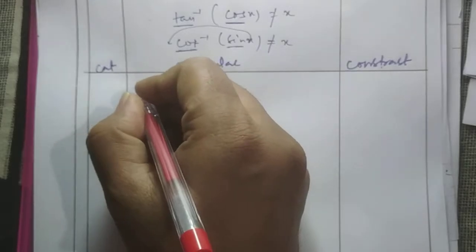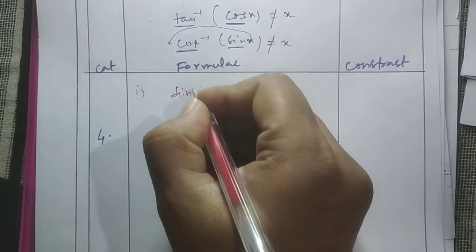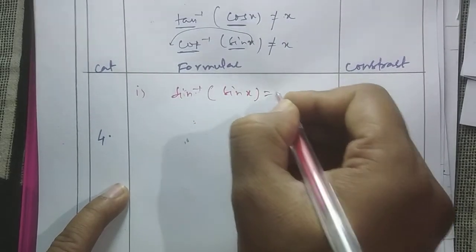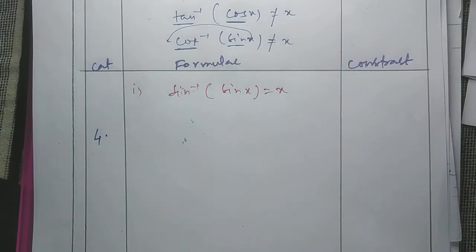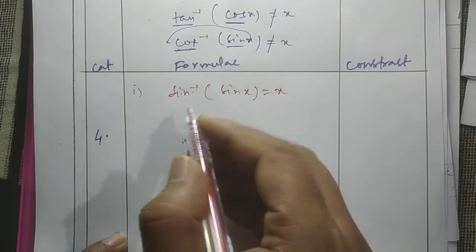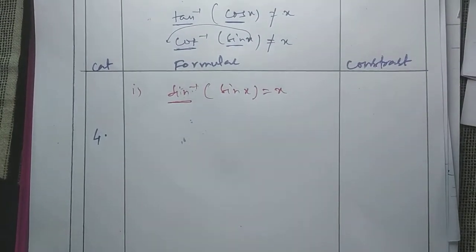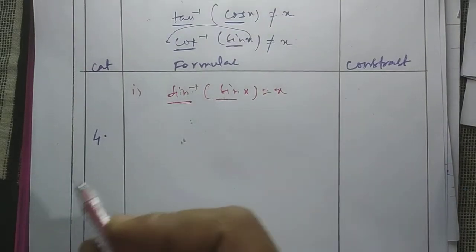Here, the first formula is that sin inverse of sin x will be equal to x. Now the question comes, how to remember the formula? Very easily. Look at the outsider. What is that? Sin inverse. And what is the insider? Sin x. Correct?